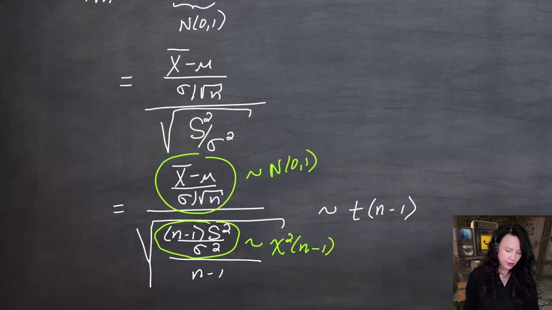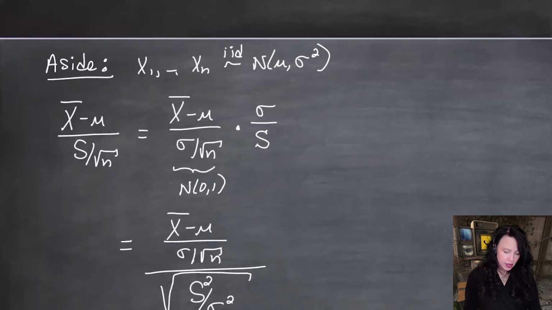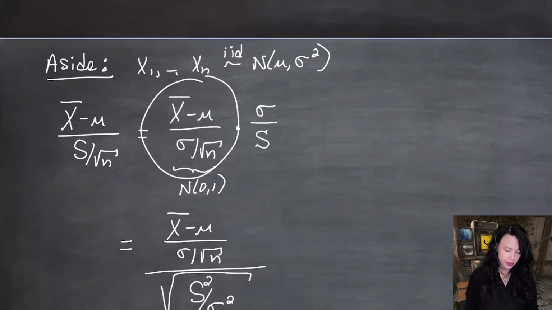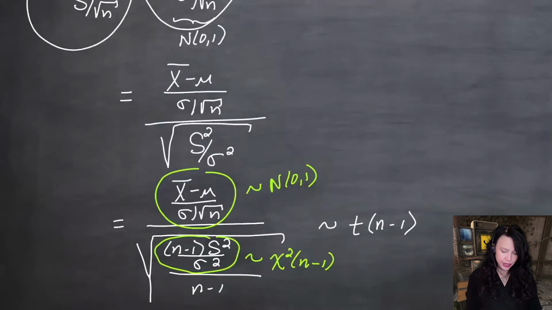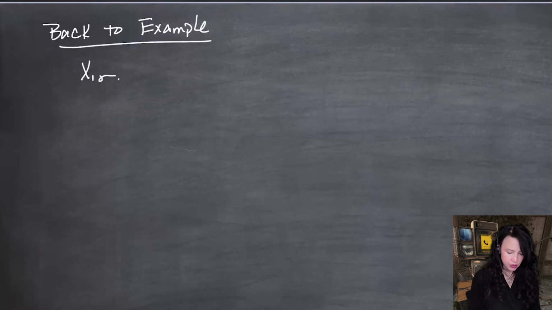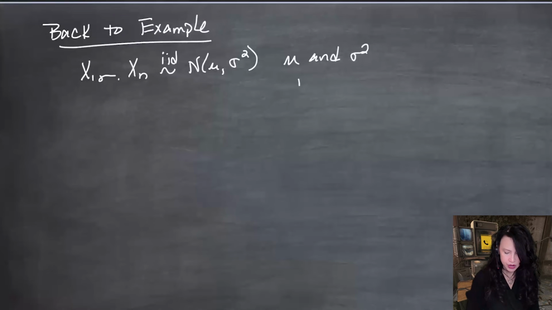So to go back to the actual confidence interval, I can't start with this because we don't know sigma, but we can start with this and look to the t distribution for those critical values, for the right cutoffs. So let's do it. Just to be clear, back to the example: I have x1 through xn, IID normal mu, sigma squared, where mu and sigma squared are unknown.